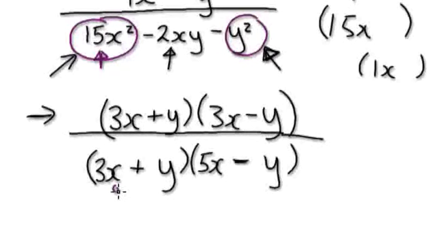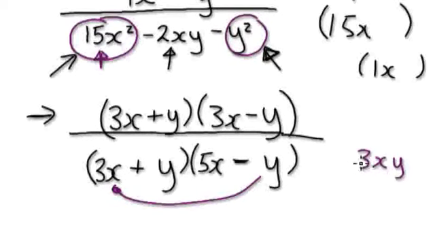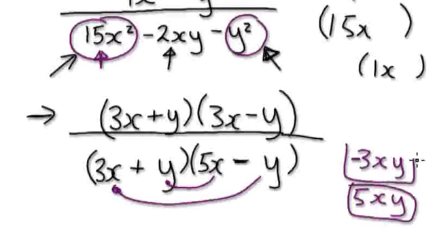This times the y will give me 3xy, minus 3xy, and then this and this will give me a positive 5xy. So 5xy take away 3xy will give me a positive 2xy. So I'm going to change the two signs around. This will be a minus and this will be a plus.